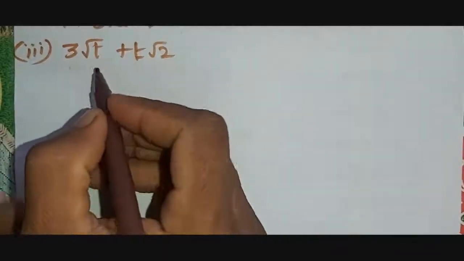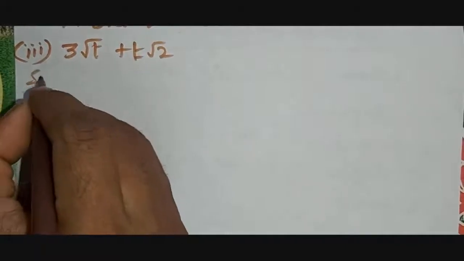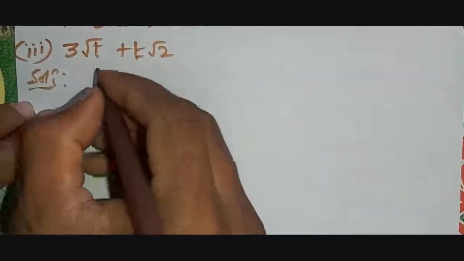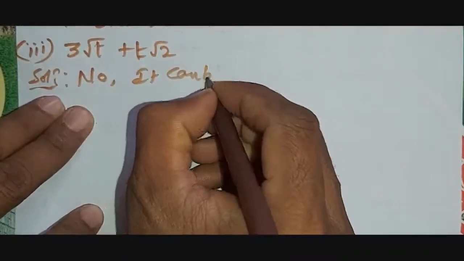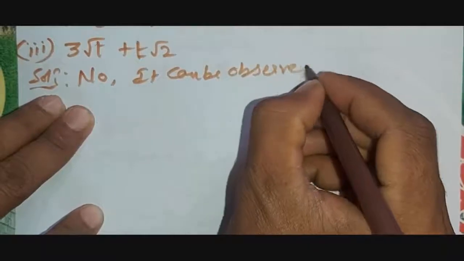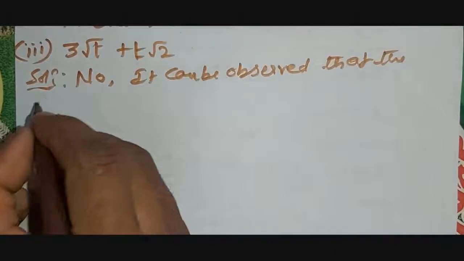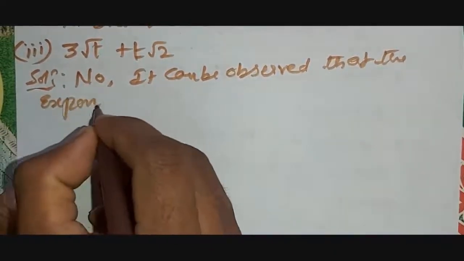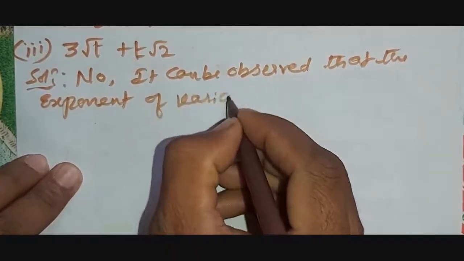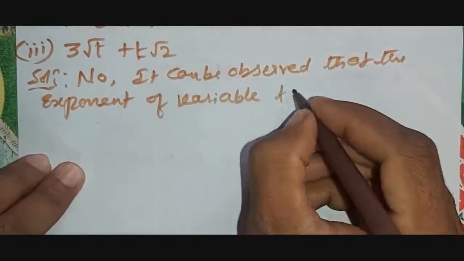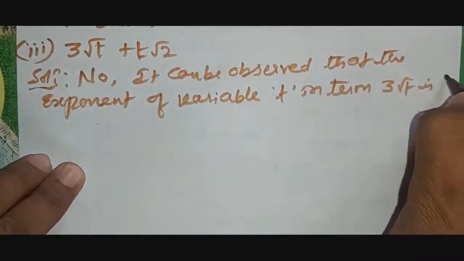Now the third one: 3 root t plus t root 2. Solution: this answer is no. It can be observed that the exponent of variable t in the term 3 root t is 1 by 2.